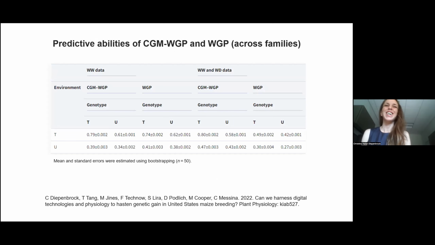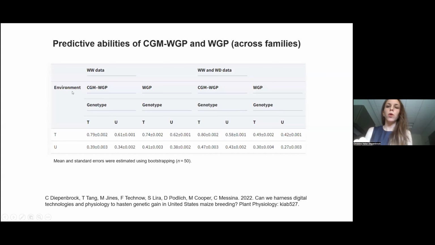So our predictive abilities were CGM-WGP versus WGP. These are cross-family predictive abilities. We'll start on the left side of the slide and walk through it systematically.